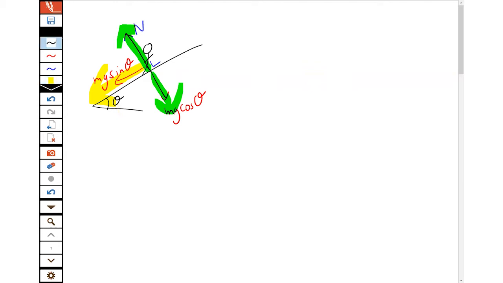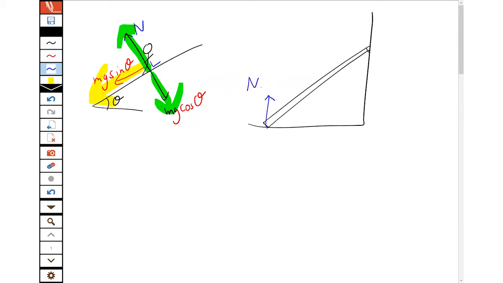Other important examples, if you have a ladder leaning against a wall, well, it's not going through the floor, so there's a normal force with the floor, and it's not going through the wall, so there's a normal force with the wall. And you see at each point, it's at 90 degrees, and you definitely want to write both of those on your free body diagram so you don't miss one out in the equation.